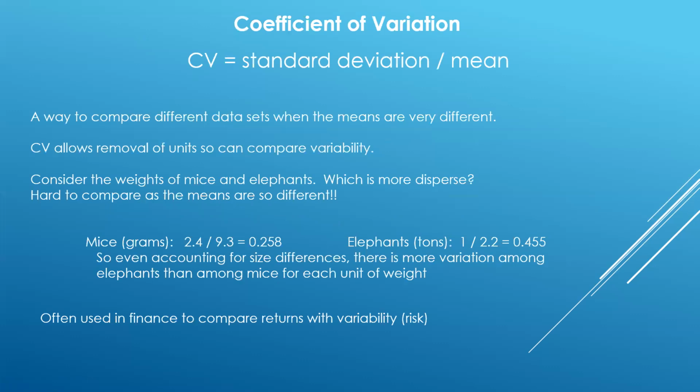Well, sometimes the size of the standard deviation has a lot to do with the size of the data that you're looking at. For instance, if you were looking at the weight of mice, the weights are all going to be in grams, just a couple grams here or there, up to probably 10 grams somewhere around there for the average.